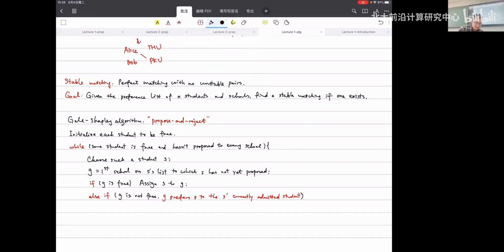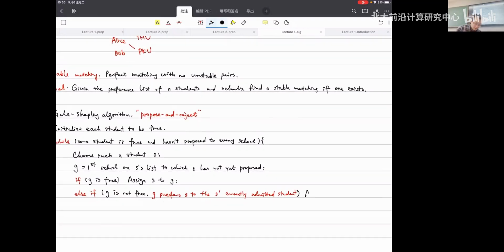In this case, the student S is not assigned, and the school G prefers S compared to the current student it is assigned. Then it is very natural that we assign S to the school G, and the previous student S prime that was assigned to G, we set to be free.